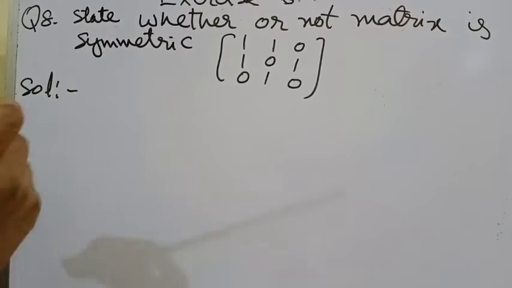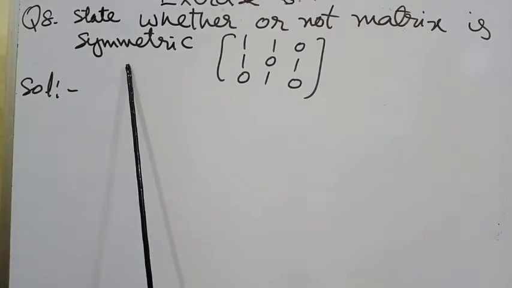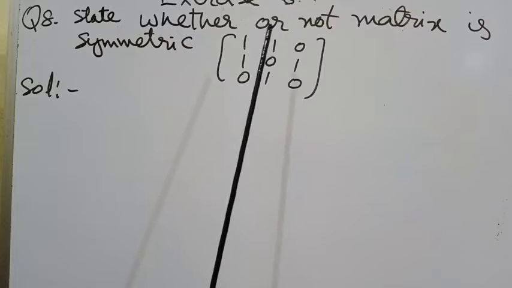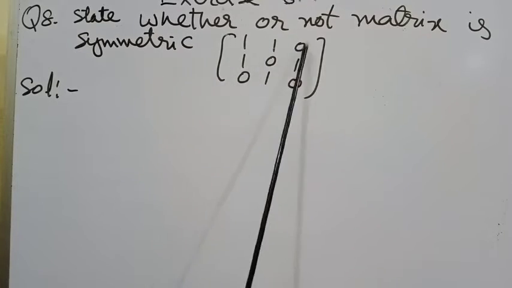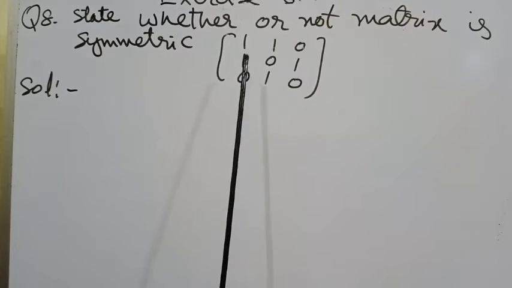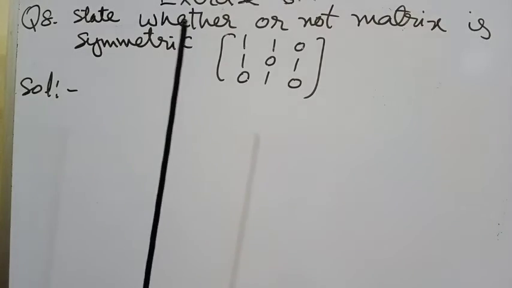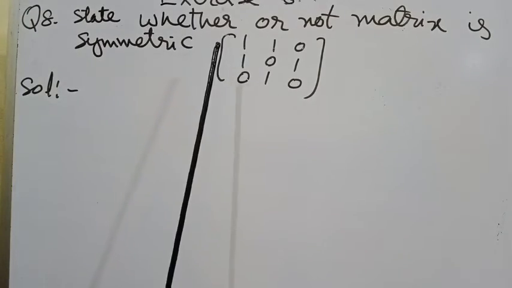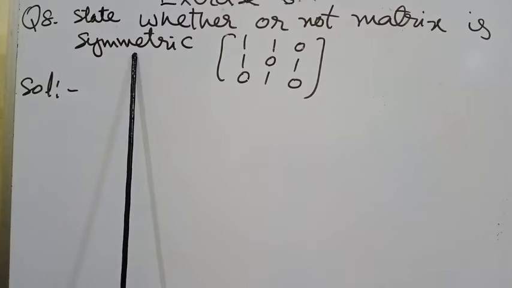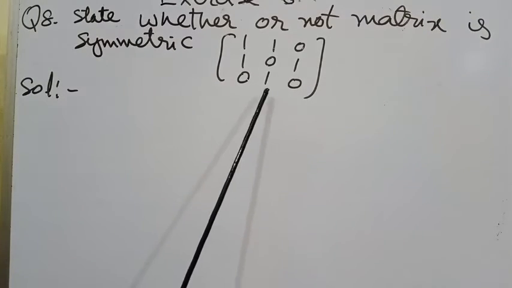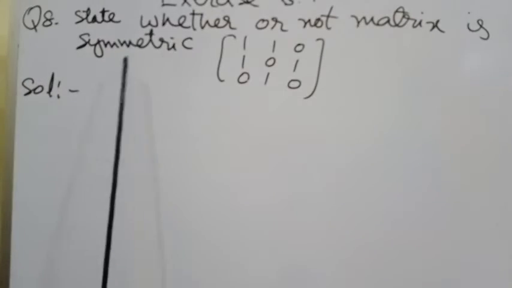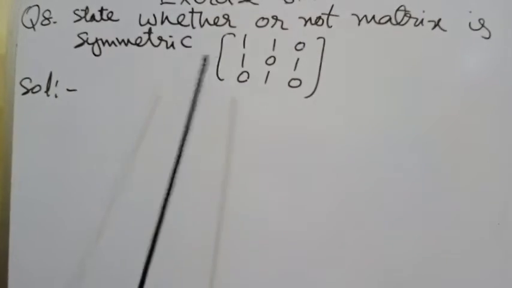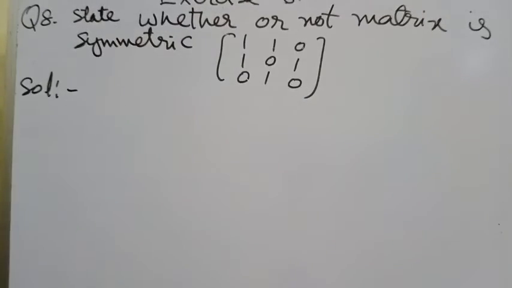Question number 8. State whether or not the matrix is symmetric. We have matrix 1, 1, 0, 1, 0, 1, 0, 1, 0. We know that if a square matrix has a transpose and the original matrix is equal with each other, all elements are equal, then the given matrix is called symmetric.